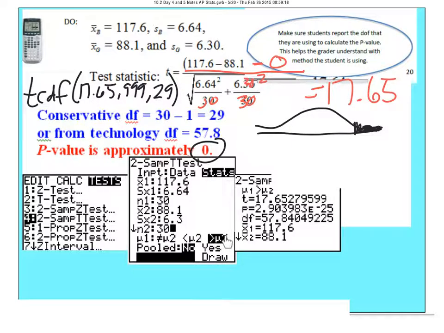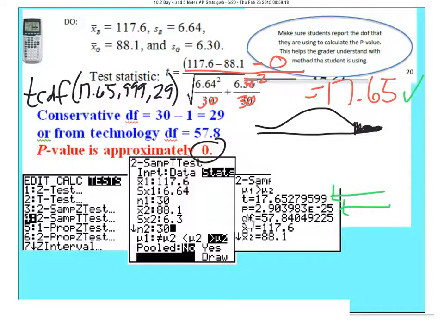We're saying greater than. For pooled, obviously say no. When you hit calculate, here's what you're going to get. Obviously, I would write down, just what we always have talked about, the test statistic of 17.65, which we saw here. This is the p-value. Folks, it's scientific notation of negative 25 zeros.